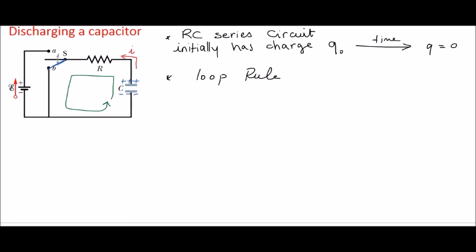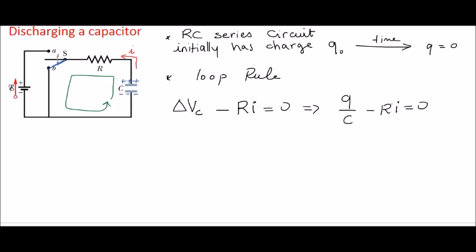I go from minus potential to positive potential, so I'm increasing from lower potential to higher potential. So we have plus delta Vc. The loop direction is the direction of current, so we have minus Ri equals 0, Q over C minus Ri equals 0.